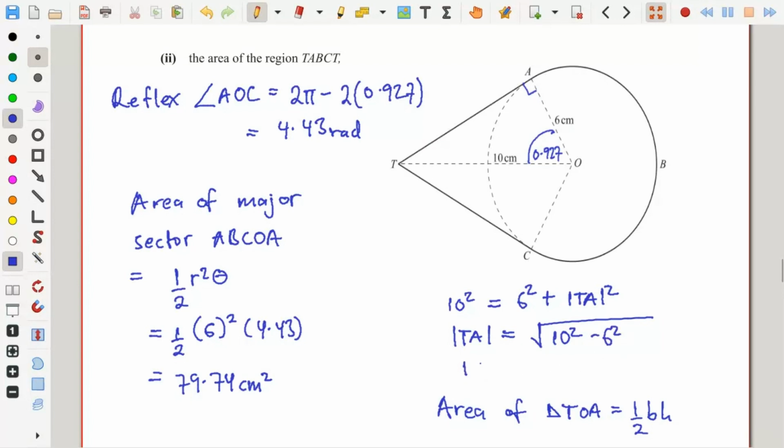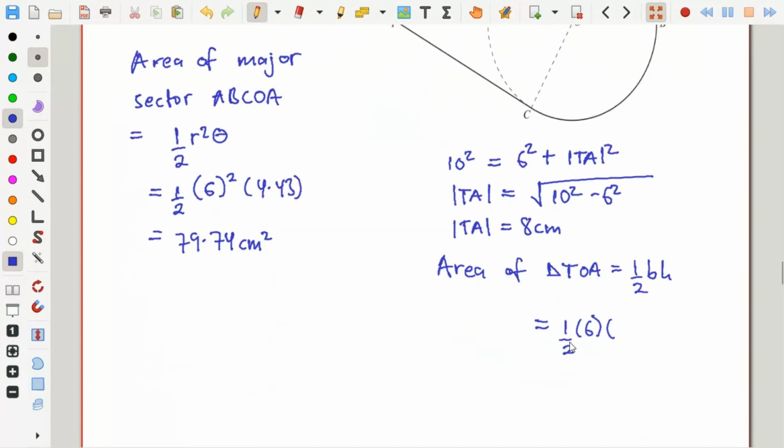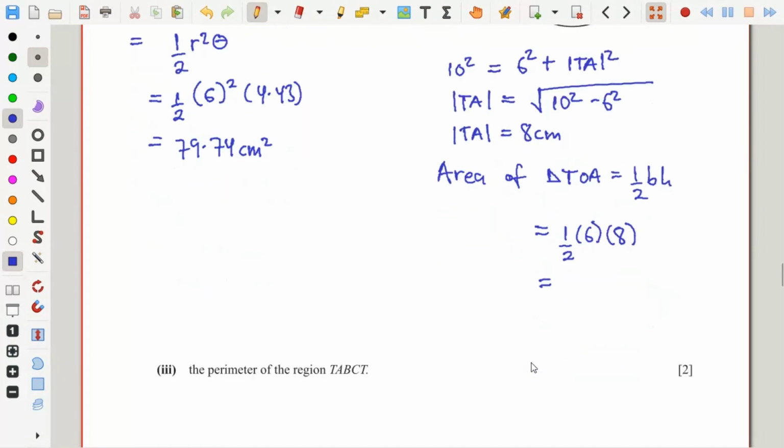And so TA will be 8 centimeters. Okay, so that side will be 8. So if I solve this one, I'm going to get 24.